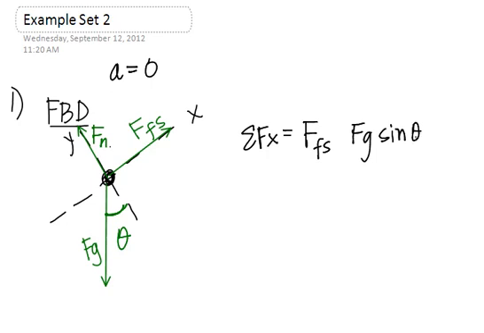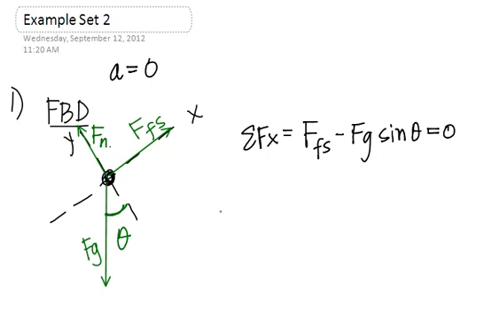Would it be positive or negative? Is it pointing up and positive or down and negative? It's going down the inclined plane, so make that negative. Is there any other force in the x direction? No. So the sum of the forces should equal what? 0, because it's in equilibrium. Don't forget to put that equals 0 at the end.